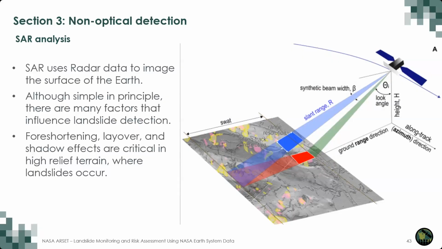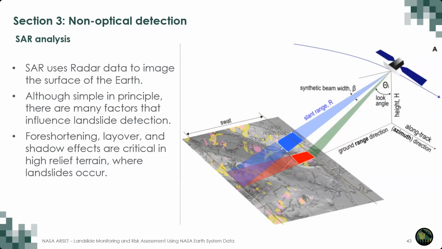A satellite flies along a specific flight path, and it points radar out at the surface of the Earth, and then detects the reflection of those radio waves back at the satellite itself. The satellite records the amplitude, the frequency, and the phase of that information coming back. So there's lots of critical information captured within that can be used to assess the surface characteristics of the Earth as it flies below the satellite.